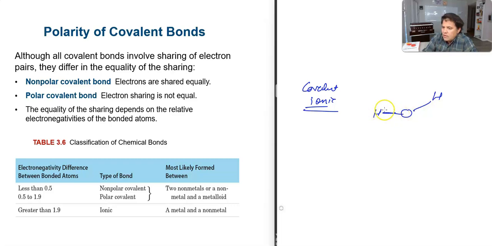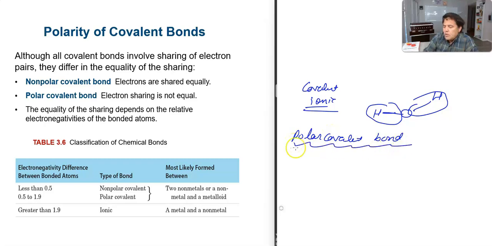So the hydrogen-oxygen bonds are polar covalent bonds. Polar covalent bond means that one atom will attract more electron toward itself, pulling the electron and becoming more negative.